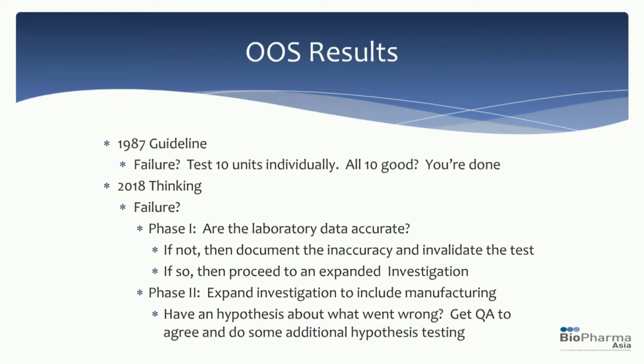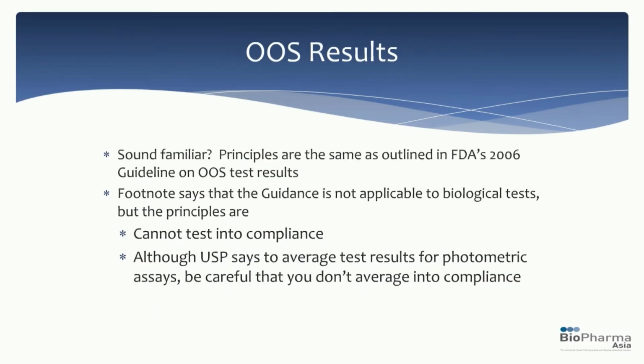If you find that those data are correct, there's no reason to invalidate those data, then we suggest that we follow the guidance again and we look to phase 2 and expand the investigation to include manufacturing. So just like any other OOS, first take a look at the lab, make sure the data are accurate, and then you can go forward and test some hypotheses and expand the investigation.